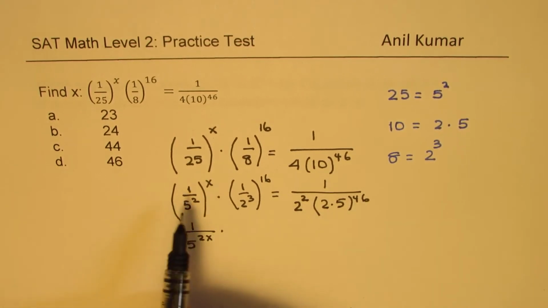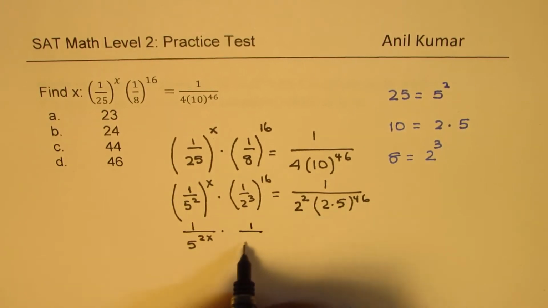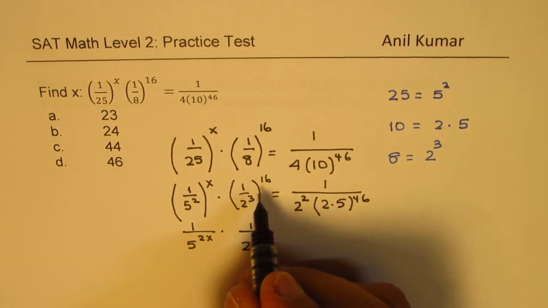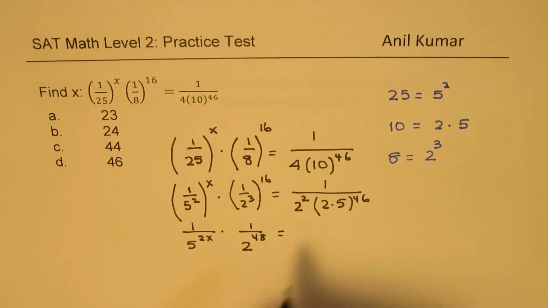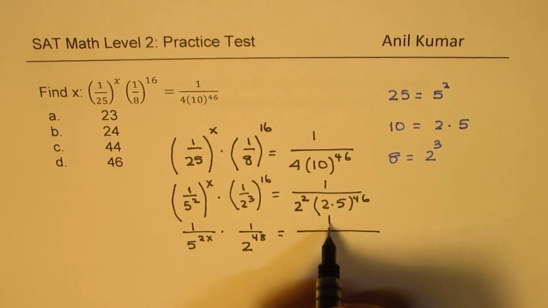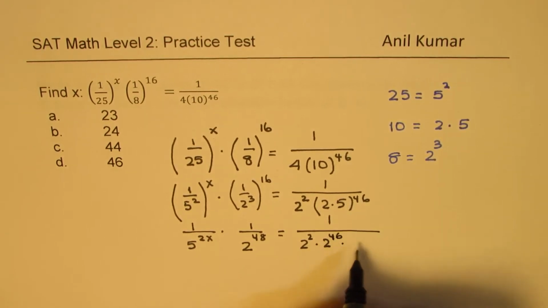So power rule, right? In exponents, when it's power of power, they get multiplied. So here we get 1 over 2 to the power of 3 times 16, which is 48, equals to. Here what do we get? We get 1 over 2 to the power of 2, and this 46, let me write it in two steps, 2 to the power of 46 and 5 to the power of 46.